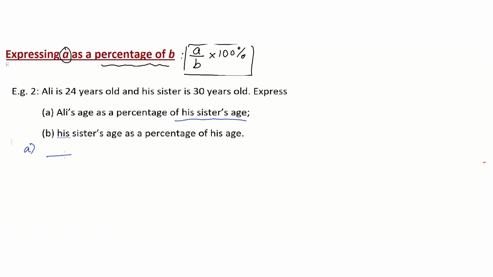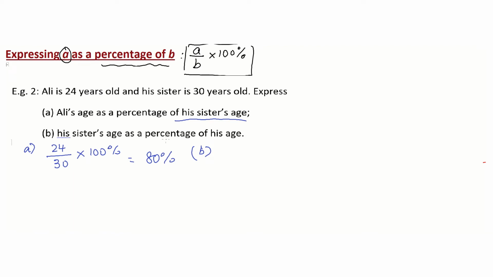That means sister's age should be in the denominator and Ali's age will be in the numerator. Multiply this by 100% and we should get 80%. Sorry, just allow me to do a quick check on the calculator. Yes, this is 80%.